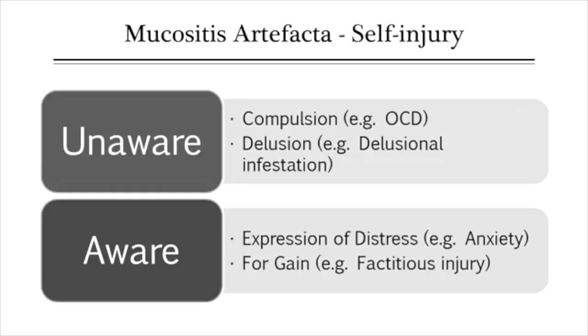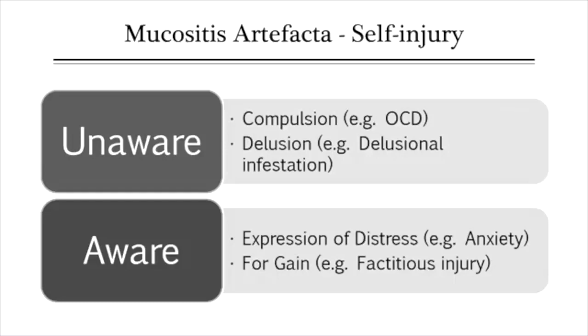Then we have the other types of self-injury where a patient might be aware that what they're doing is harming themselves, and it might be an expression of anxiety or stress. That's why it is important to consider, if you see it in a child, whether it might represent that they need help and that they're undergoing some type of abuse.